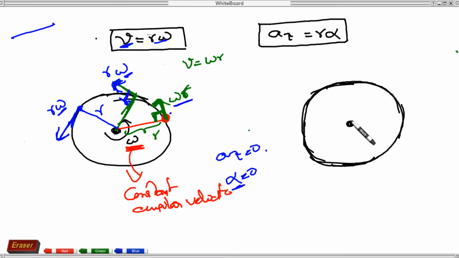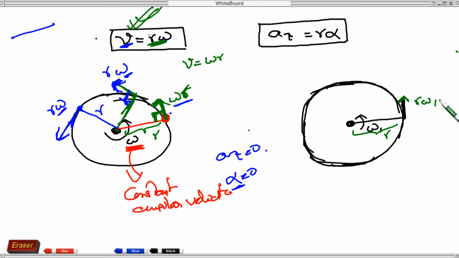Now suppose this is your center, and here the angular velocity is omega 1 and the radius of this circle is r. So here the tangential velocity will be r omega 1.